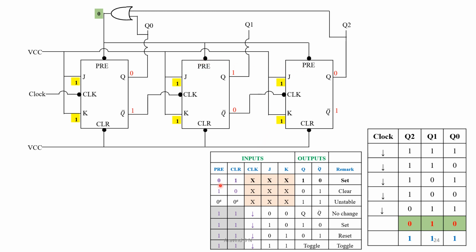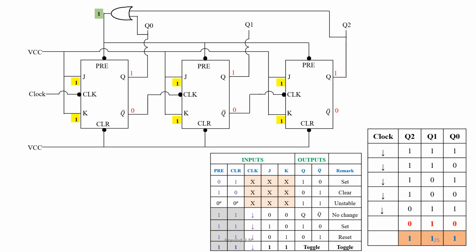Therefore, we are at this stage now. Preset is 0, clear is 1. So then what happens? From the functional table, output will be set equal to 1. That means Q of each flip-flop will get the value 1 asynchronously. Therefore, what is going to happen?